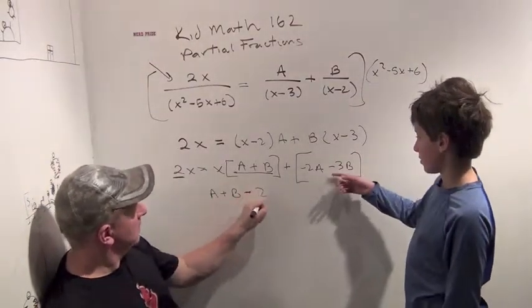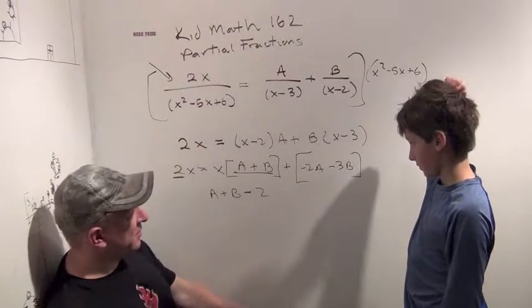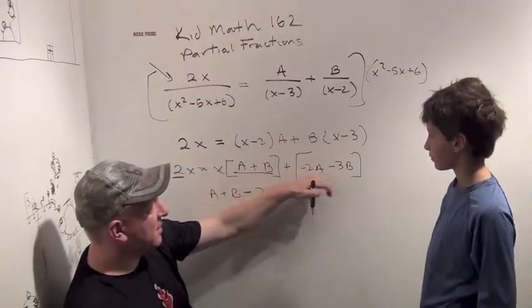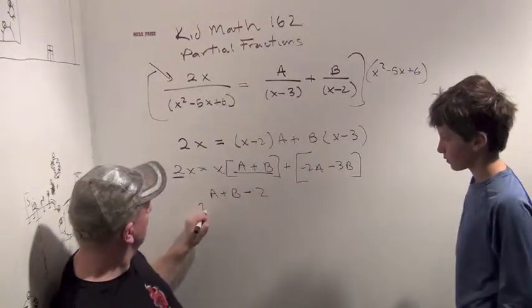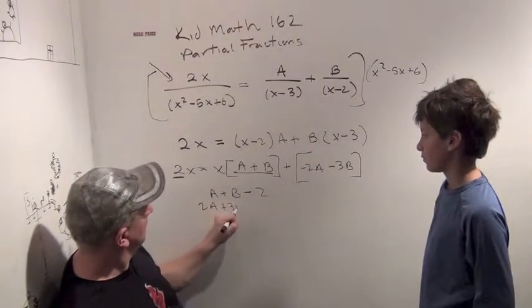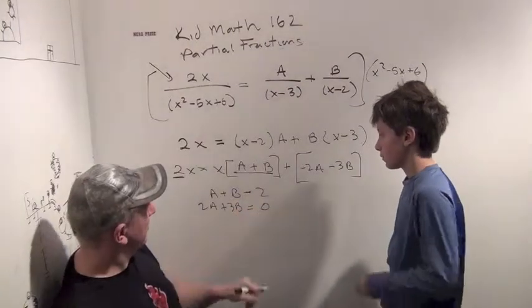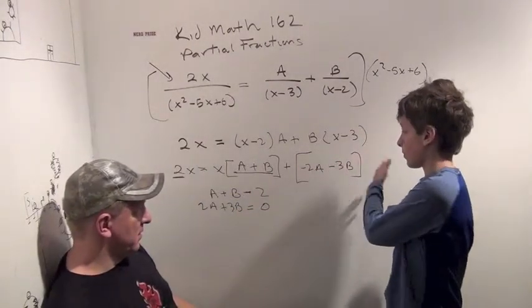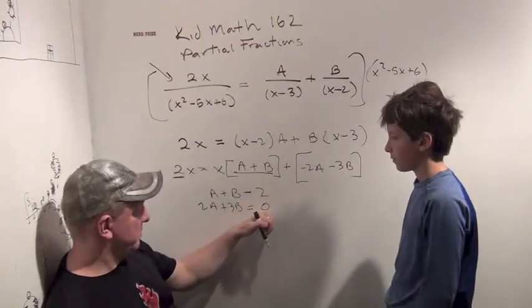And then this has to be 0. So it has negatives. So negative 2a minus 3b equals 0. That's the same thing as 2a plus 3b equals 0. Why is that the same? Because you just multiply everything by minus 1. Right, and minus 0 is 0.